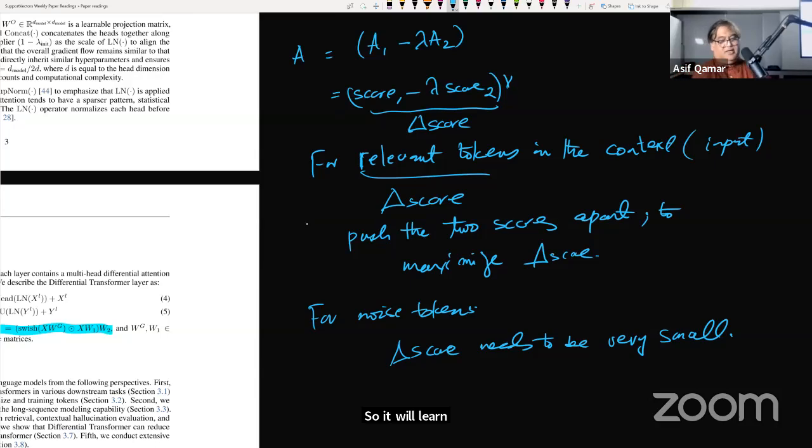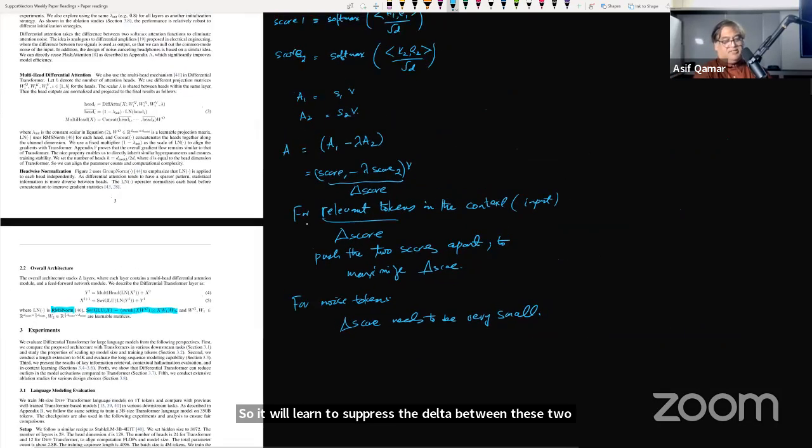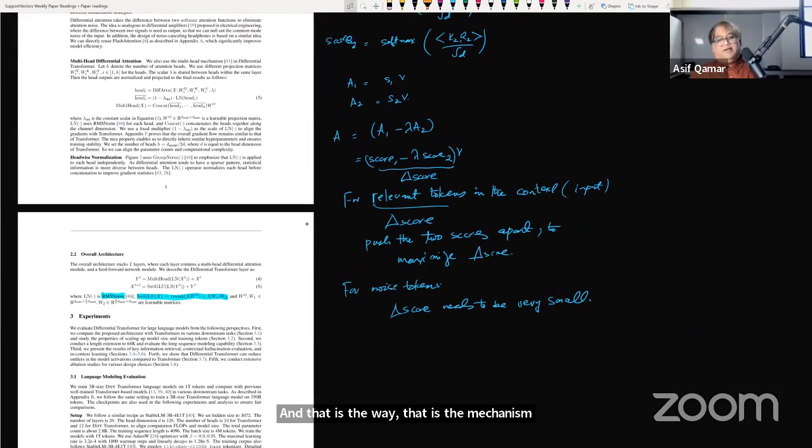And that is the mechanism by which using two softmax heads comes in useful: the gradient flow gets a chance to maximize the difference between two score functions, two softmaxes, when you have a relevant set of tokens, and minimize it for all the rest of the tokens. And that's sort of the mechanics of why or how this thing learns during the learning process.